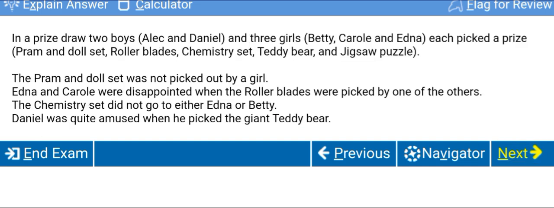Next we have, in a prize draw, 2 boys, Alice and Daniel, and 3 girls, Betty, Carol and Edna, each picked a prize: prom and doll set, roller skates, chemistry set, teddy bear and jigsaw puzzle.